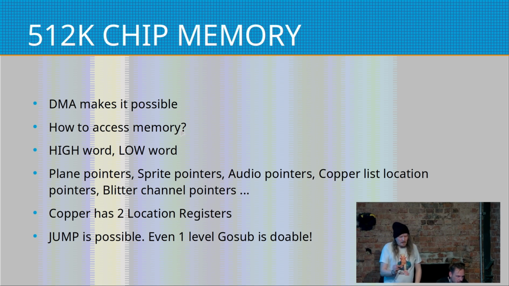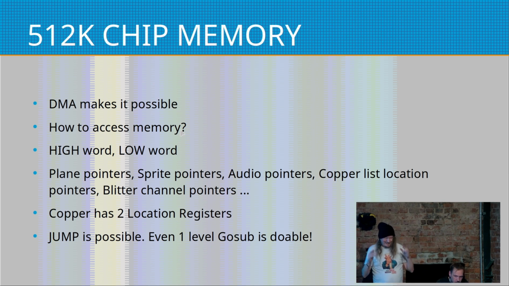And how do we access the memory, because 16 bits are not enough to access 512K? We have to have a high word pointer and a low word of the pointer. However, for the Amiga 500, only 3 bits of the high word are effective, because we simply don't need more than that.